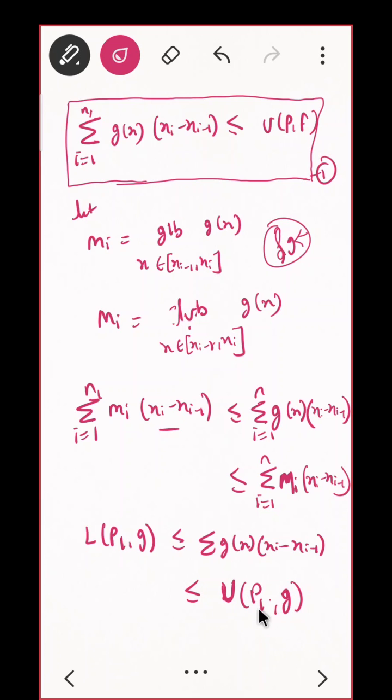Yes, correct, UP1 of g. Can you see that? Why did I take P1? Because here this was only over xi, and g is a function of x here also. Yes, it is clear. This is i equal to 1 to n1.